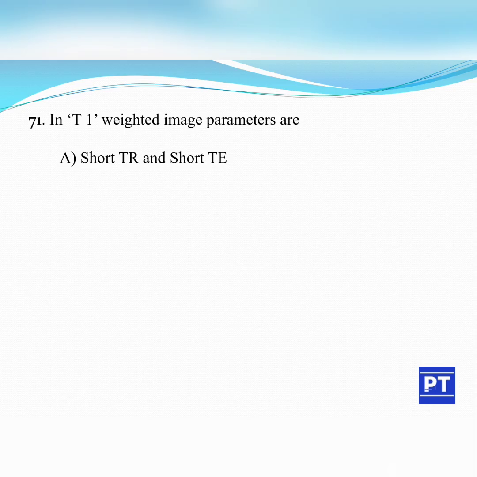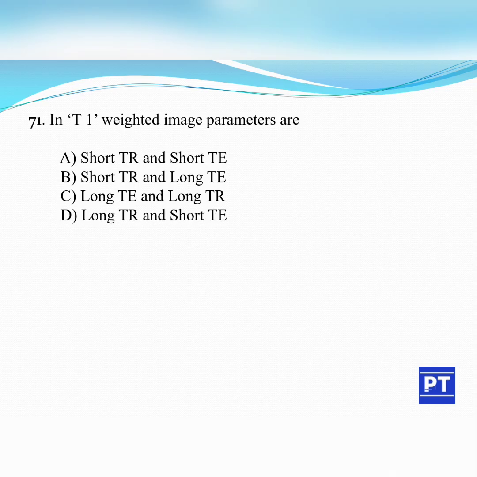So both will be short, short TR and short TE. Option B, short TR and long TE. Option C, long TE and long TR. And option D is long TR and short TE. The answer is option A, short TR and short TE.